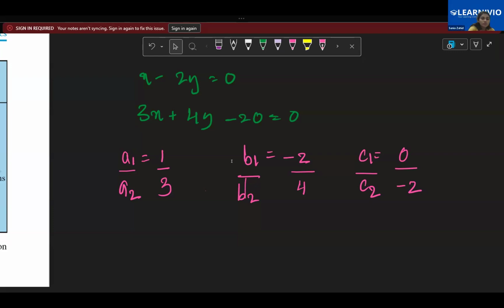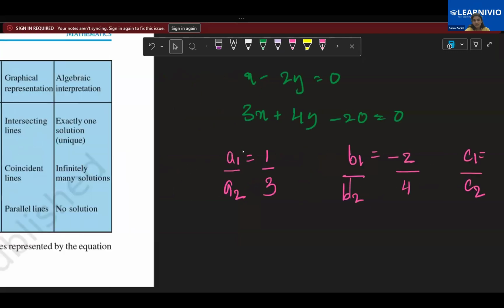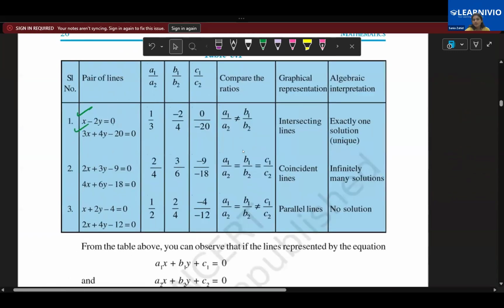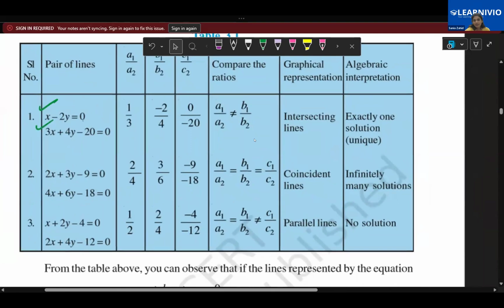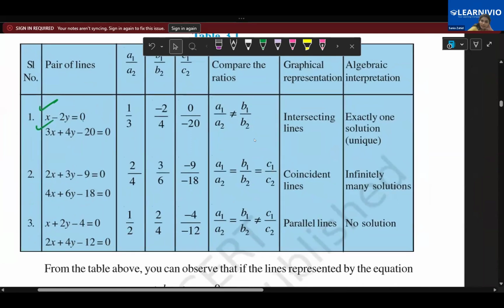Yes, children. So I was telling you that you're comparing A1 by A2, B1 by B2, C1 by C2. Similarly, you can have various different types of equations and you can compare all the values one by one. Now, there exist certain relationships between the values.